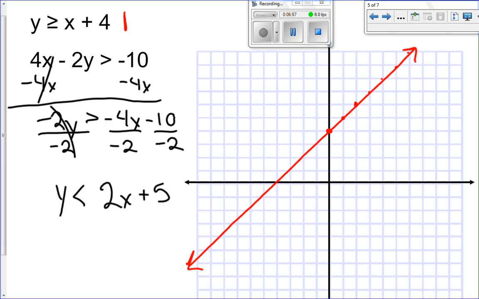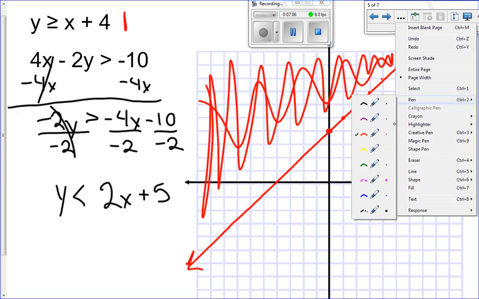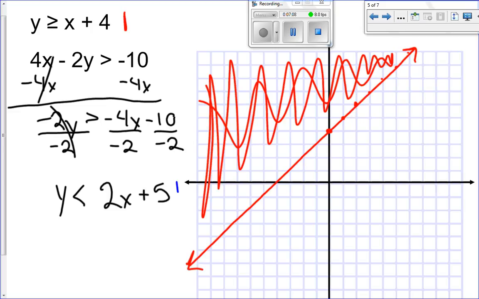And y is greater than or equal to x plus 4, so it's greater than, so I'm going to shade above. And then the other equation, y is less than 2x plus 5. We'll find 5 on the y-axis, and the slope is rise 2, run 1.